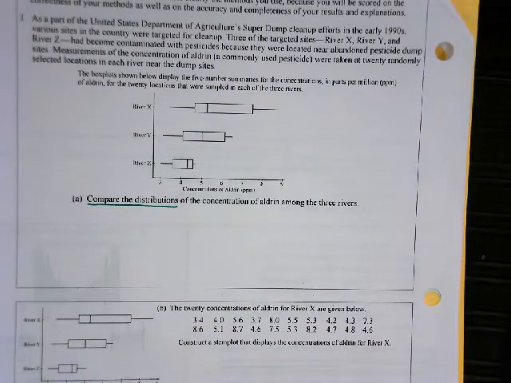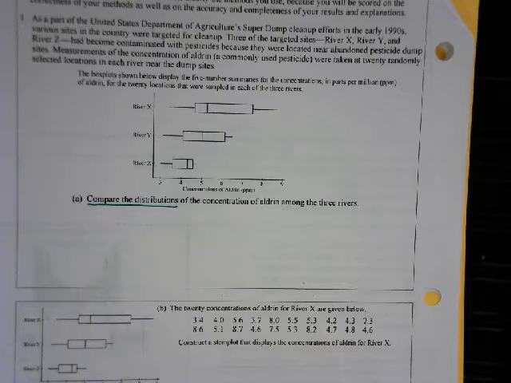When you have to describe a distribution, I ask you to go through SOCS: shape, outlier, center, spread. So when you're asked to compare distributions, you want to make sure you hit on the 4 things. You want to compare their shape, compare if they have outliers, compare their centers, and compare their spread.